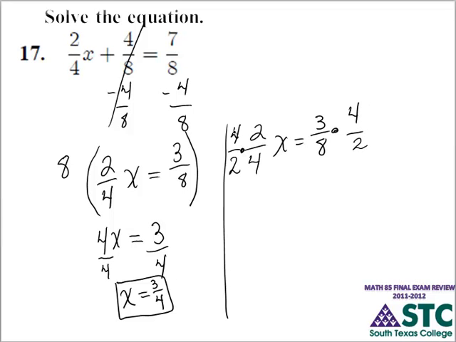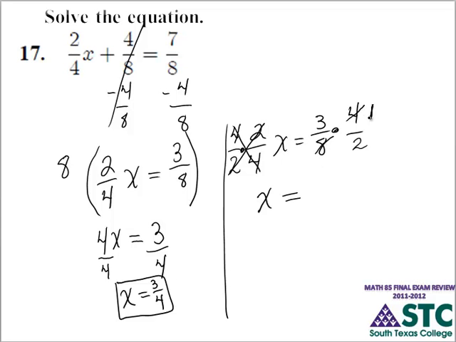So what would happen on the left hand side, the 4's would line out and the 2's would line out, and we would be left with x. Now what we would obtain on the right hand side would be the following. We know that we can reduce diagonally. 4 goes into 4 and 8.